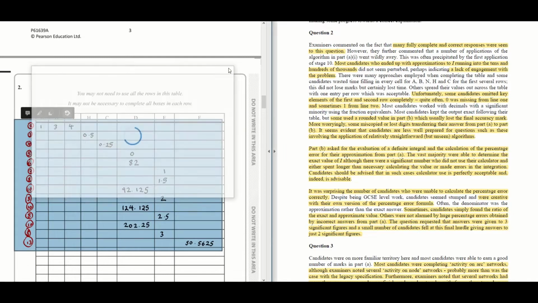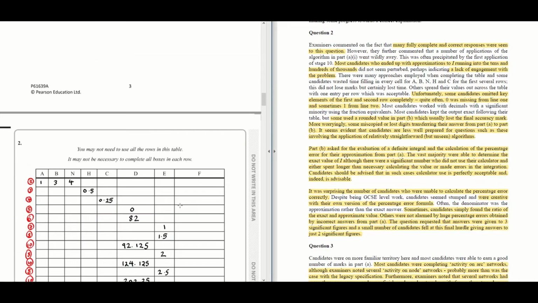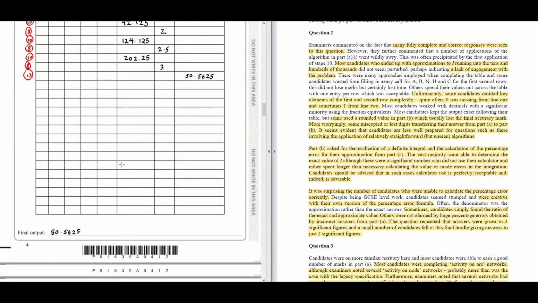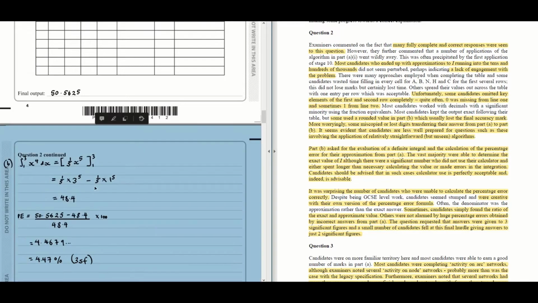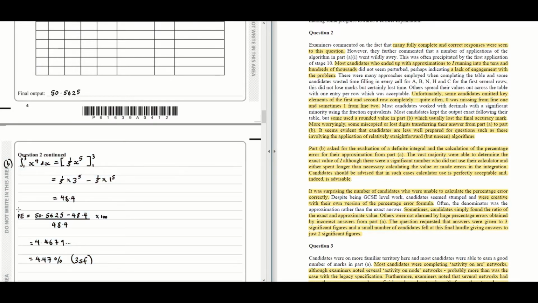So instead of using their calculator, they used hand arithmetic instead to work out the percentage error. You're reminded that it's a calculator paper, so you can easily use the calculator, and obviously you can put your answer to 3 significant figures as required, because the question said give your answer to 3 significant figures. Some people had their own definitions of what a percentage error was. It's nothing more difficult than you found from your GCSEs.